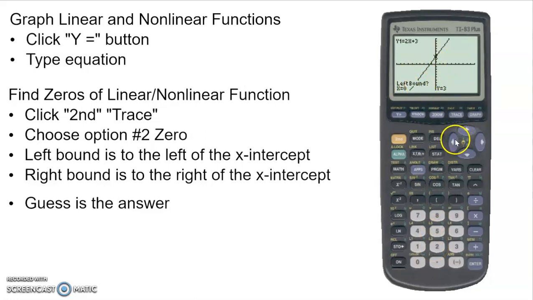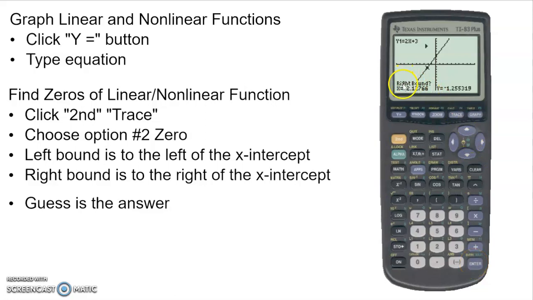Left bound means I need to go to the left of the x-intercept, and I'm going to use the arrows. To the left of the x-intercept, in this case, means I have to go below the x-axis. Once I'm there, I click enter.